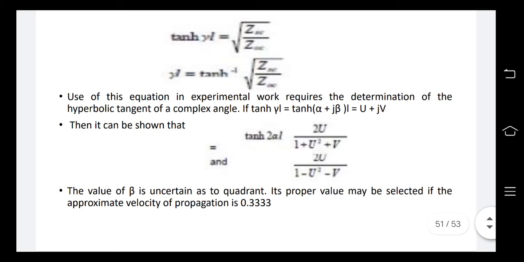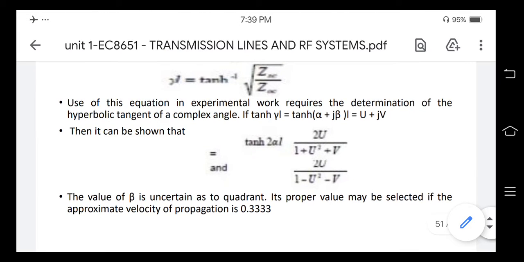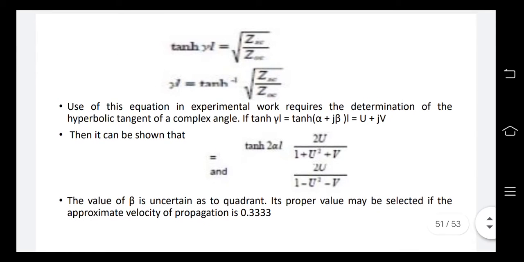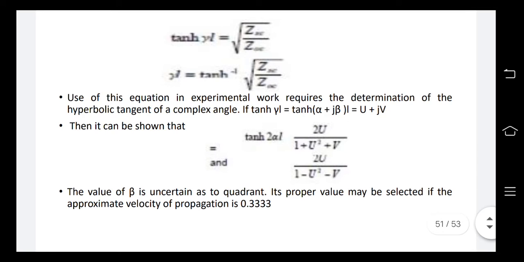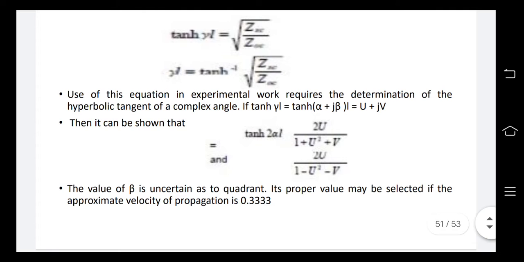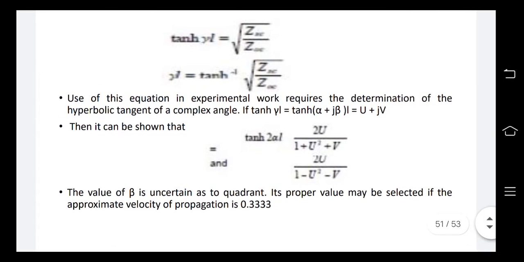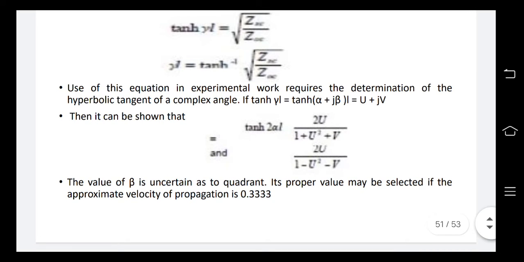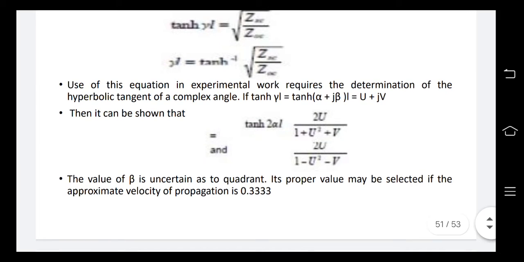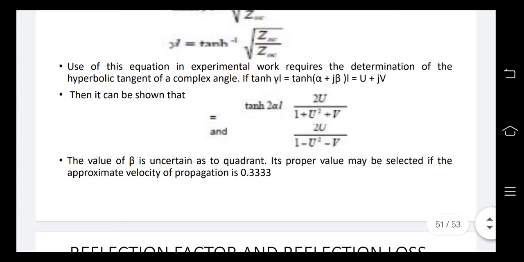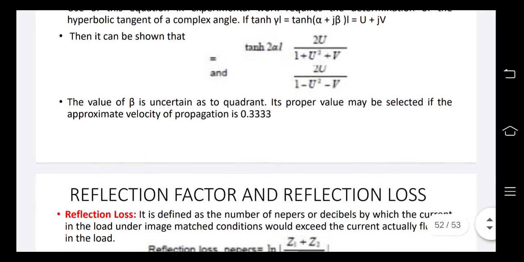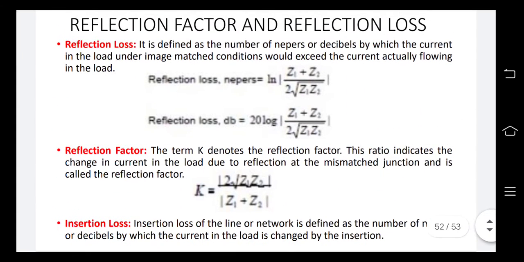From this equation, tanh of gamma L is equal to tanh of (alpha plus j beta) L, which is again equated to U plus jV. Rearranging it, we get the final equation. The value of beta will always be uncertain as to quadrant, and its proper value may be selected if the velocity of propagation is known approximately, here 0.3333.